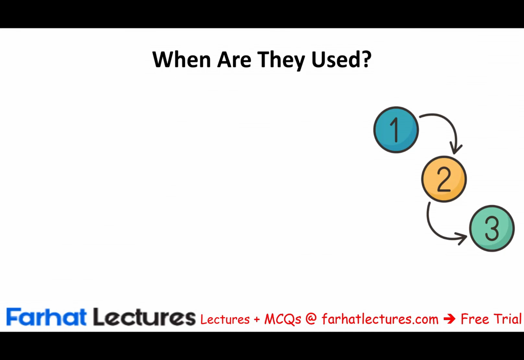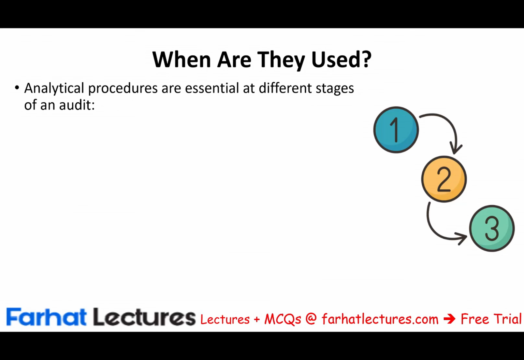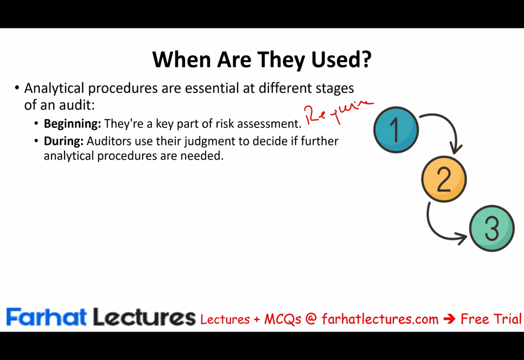When are they used? They are used in three different stages, or they could be used in three different stages. In the first stage, analytical procedures is a requirement. At the beginning of the audit, this is required as part of risk assessment. During the audit, you have to use your judgment to decide whether to use analytical procedures or not.